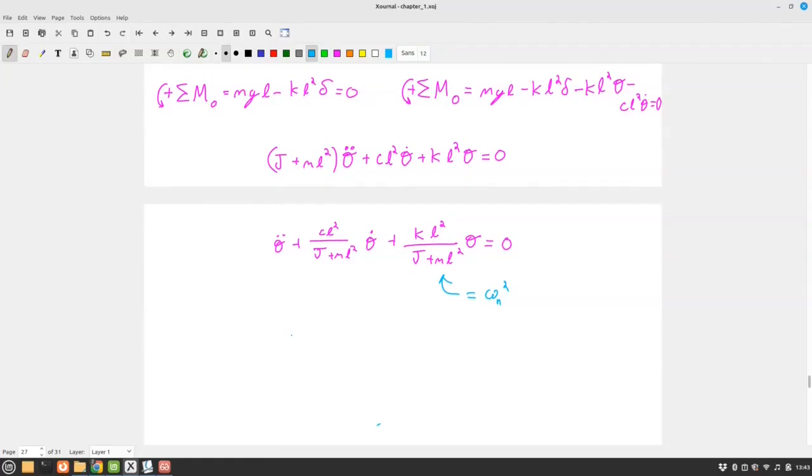And so now omega n is equal to the square root of KL squared over J plus ML squared, and that gets you a nice answer in radians per second.